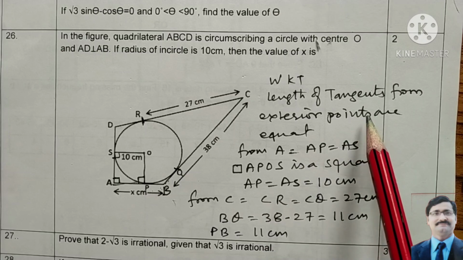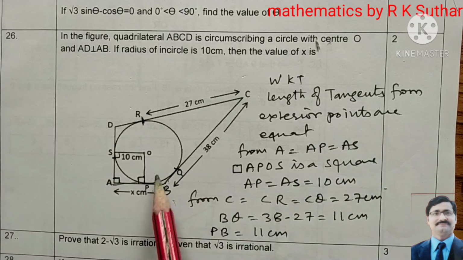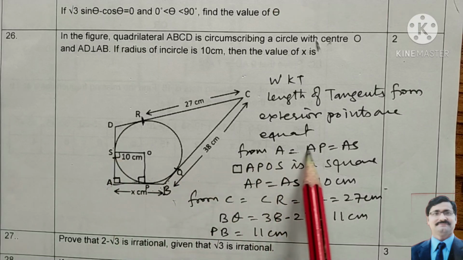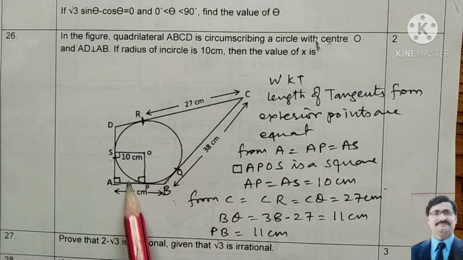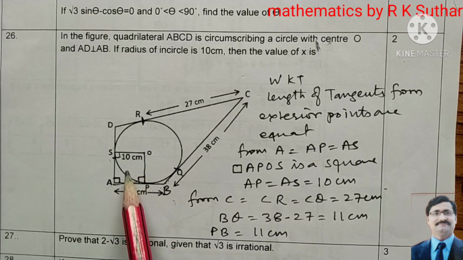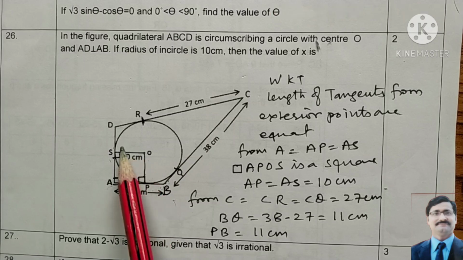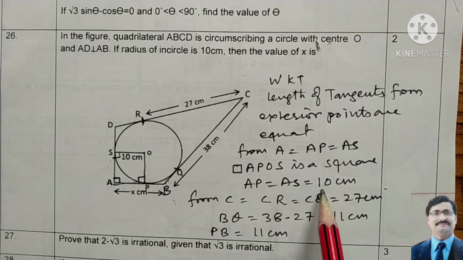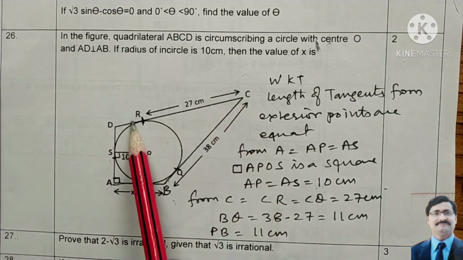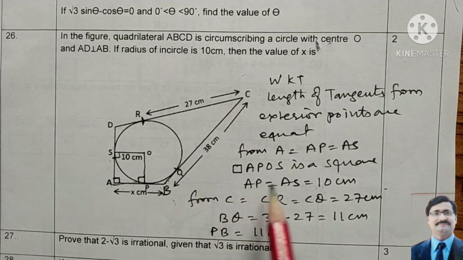Look at the exterior point A: we can say the tangents AP equal AS. This is equal, and here these two are equal. This is 90 degree, this is 90 degree, 90 degree. So this is a square, and square means all sides 1, 2, 3 and 4 are equal to 10 centimeter.